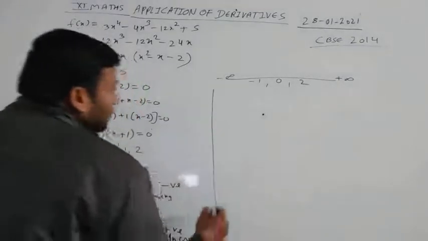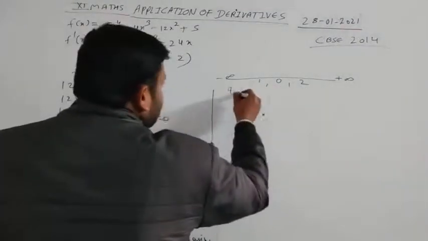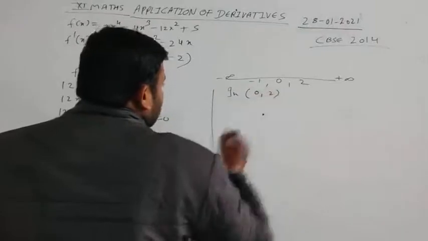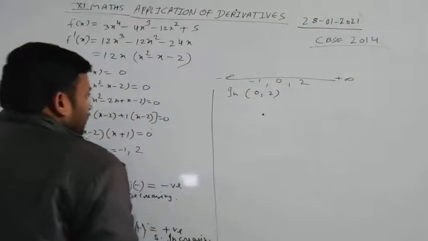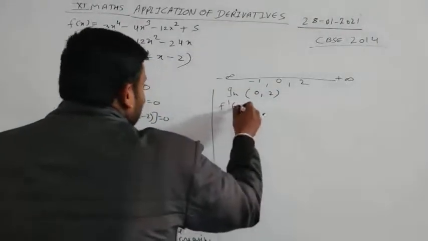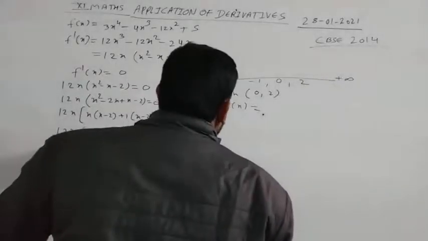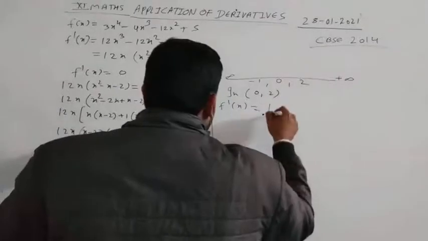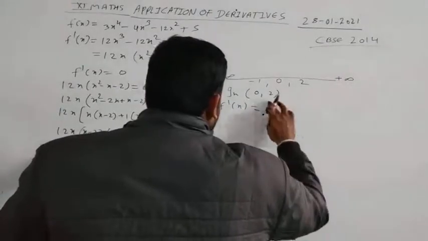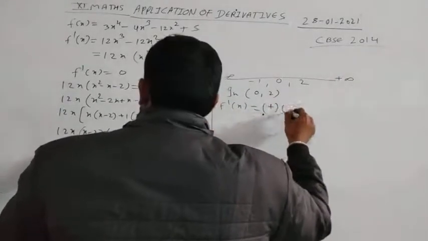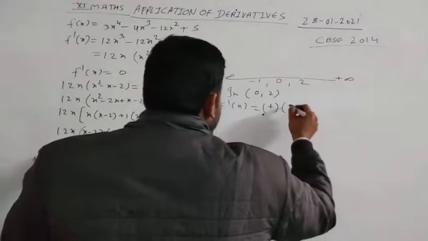Now we take the next interval, 0 to 2. Taking the point 1, we get positive, negative, and positive, so the product is negative.